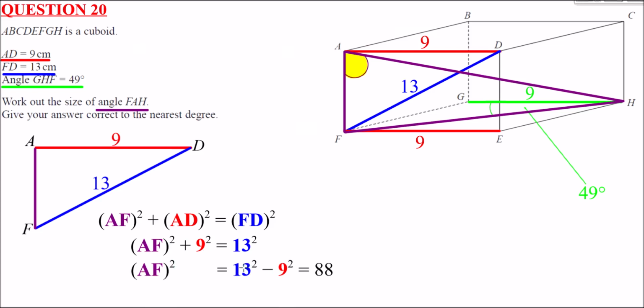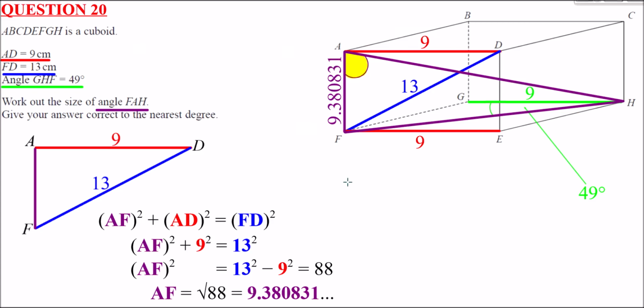So AF squared is 13 squared minus 9 squared, which equals 88. Final step to get AF, we then square root both sides, and you should find that AF is about 9.380831, if you check on your calculator. So I'm going to label in the length of that side here on the diagram.